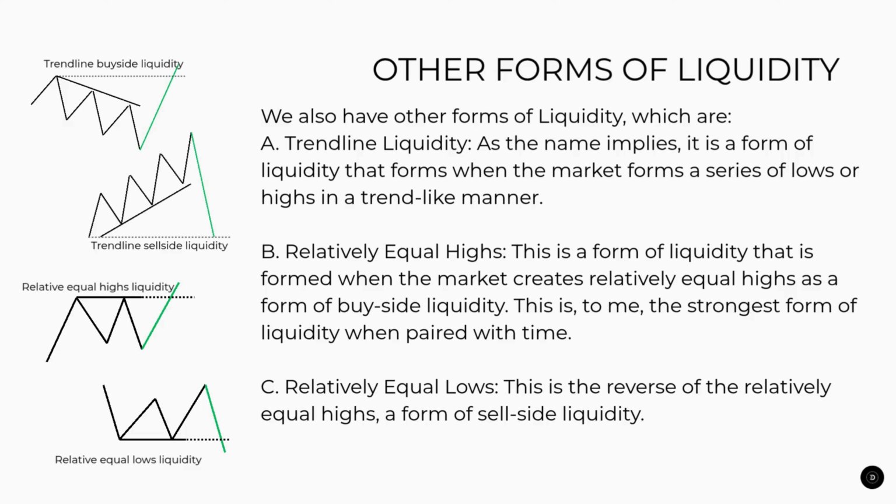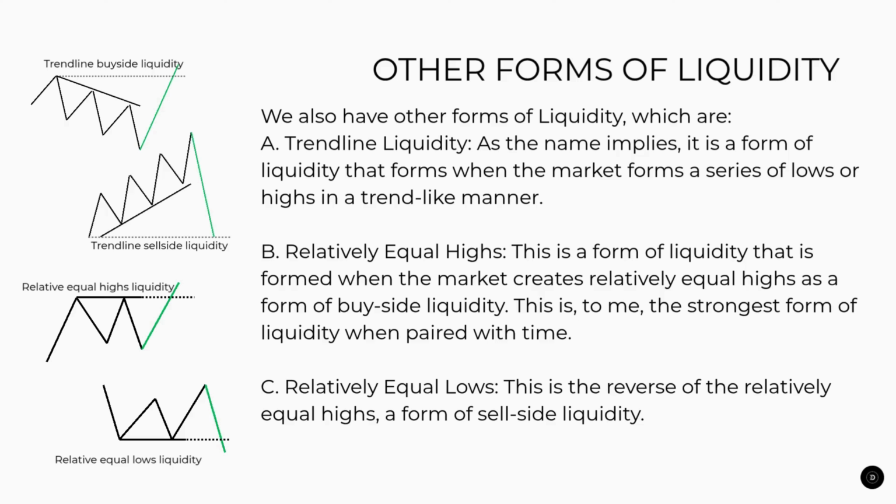Okay, so we have relatively equal highs, right? This is a form of liquidity that is formed when the market creates relatively equal highs as a form of buy side liquidity. Okay, this to me is the strongest form of liquidity when paired with time. Yeah, this is the strongest form of liquidity when you pair it with time.